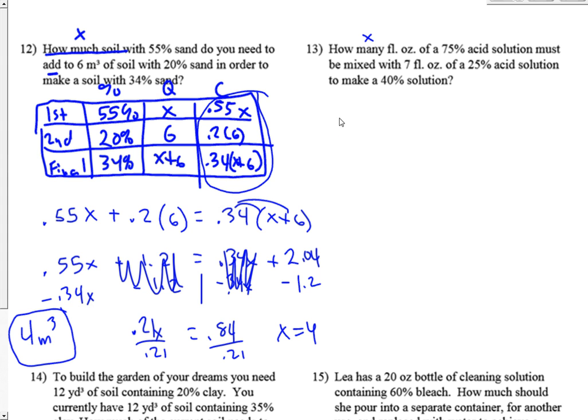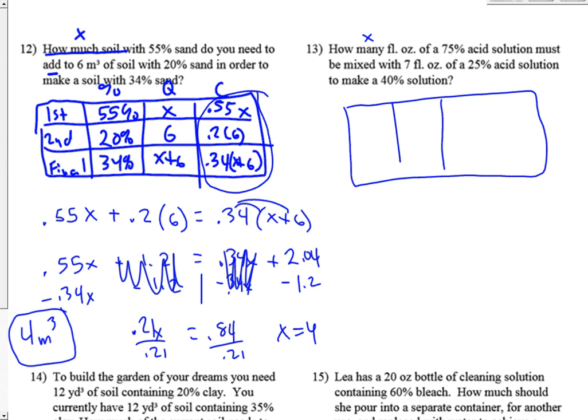So when we put our table together, we have our first part, second part, and the final part. Our percent, our quantity, and the concentration. So the first part is the unknown amount of 75% acid solution.